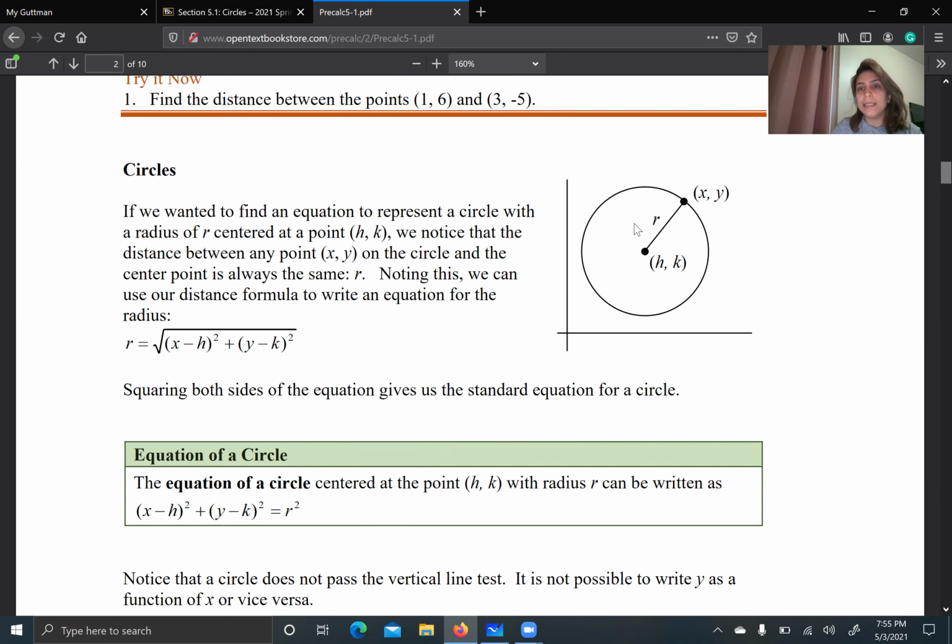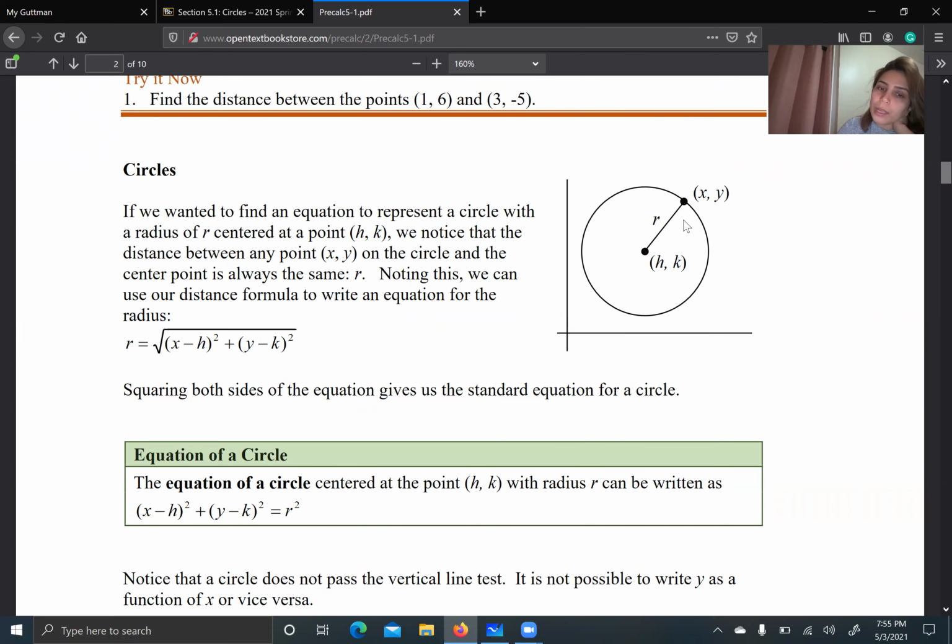So for example, in this picture, you see that this is a circle. Why? Because any point on this object, there is a center. Center is H and K in this picture. And then any point on this object has the same distance from the center, which is r, or in other words, radius. It's called the radius of the circle.